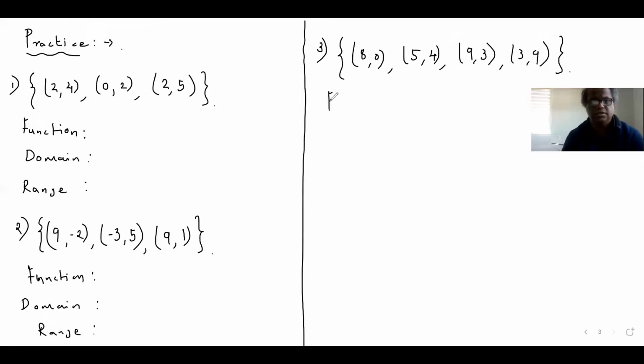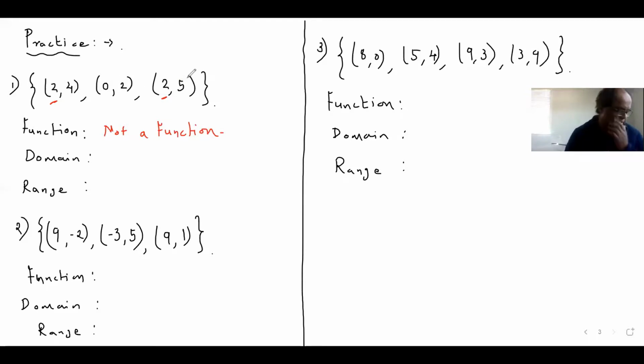So I have sufficient data in front of me, and let's begin to answer these questions. All right, so if you see here, the x value is repeated over here. So this is not a function. These are the ordered pairs x, y, x, y, x, y. So this is not a function.